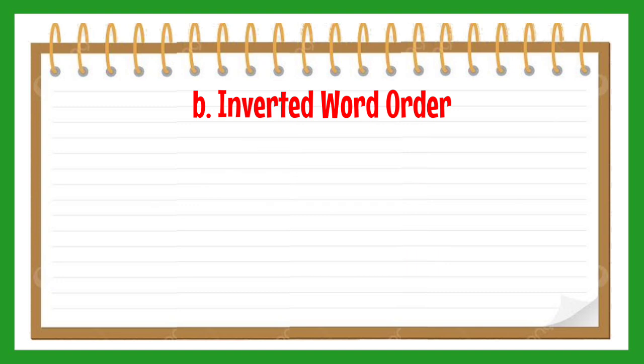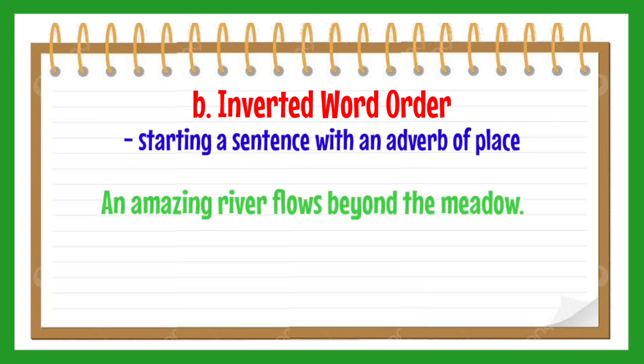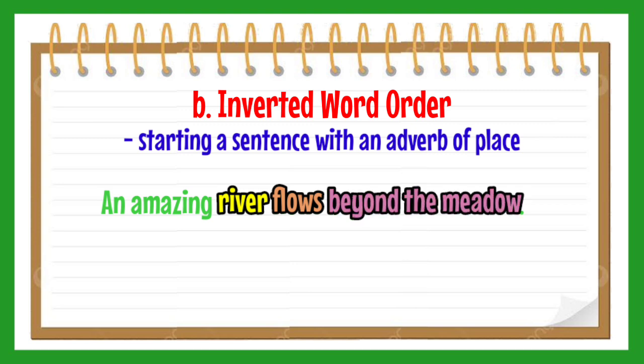Inversion can also be used in starting a sentence with an adverb of place. For example, an amazing river flows beyond the meadow. Again, this is in the normal word order because the subject, which is river, comes before the verb flows. What about the adverb of place? It is beyond the meadow.